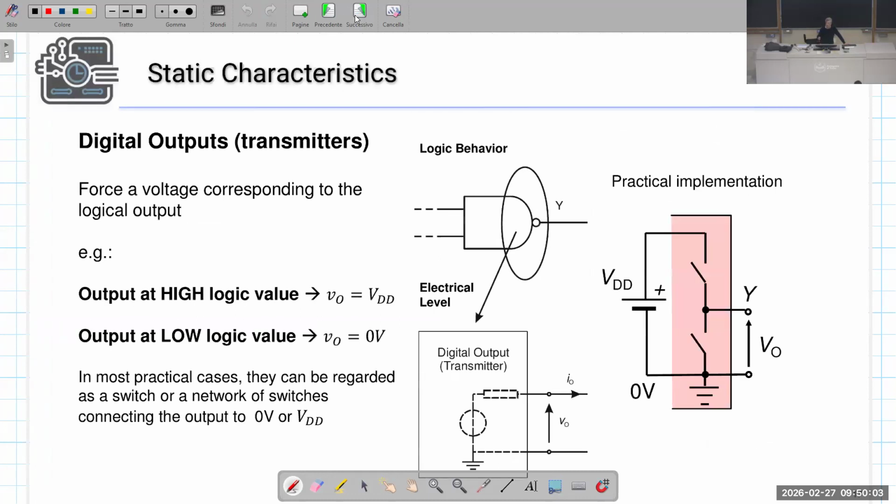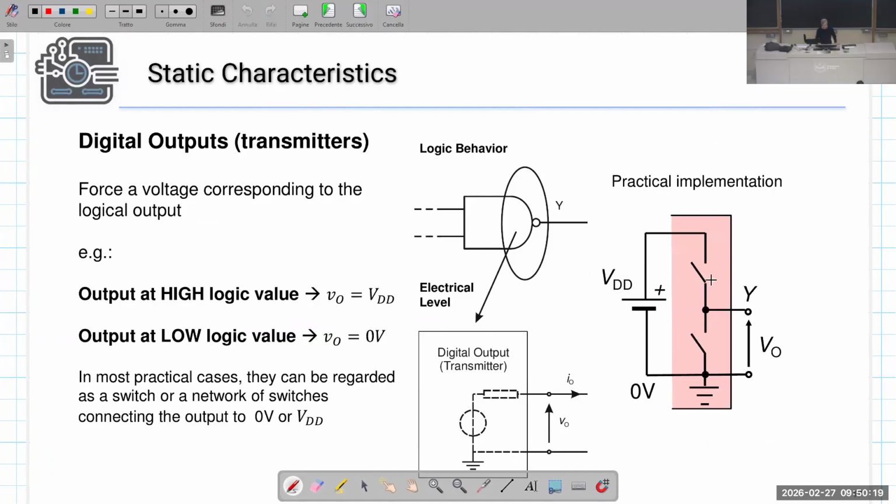If we want to get close to the implementation, how does it work in practice? How can we have this behavior of a voltage source that is high when we want to force a 1 and low when we want to force a 0?